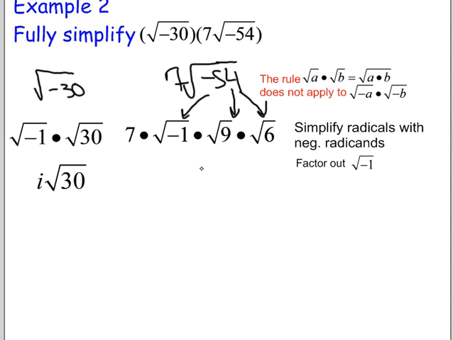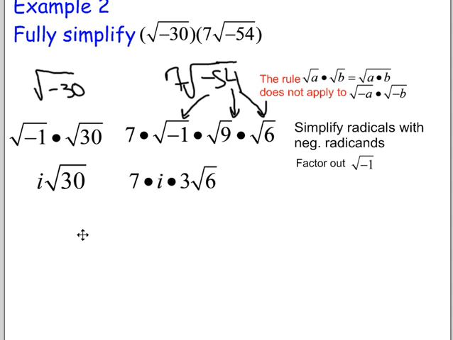So what is that going to become? That's going to become 7 times i times 3 times radical 6. So the radical negative 1 becomes i, the radical 9 becomes 3, and then you just bring down the radical 6 and bring down the 7.